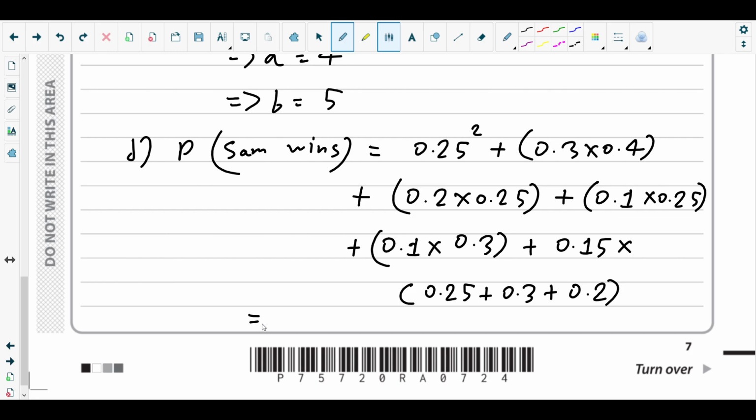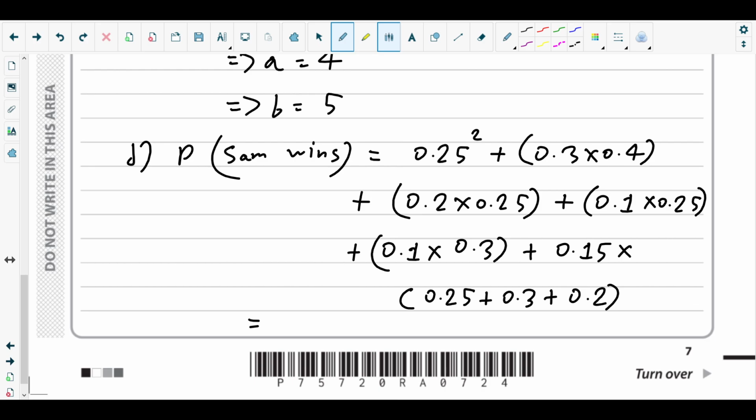So 0.15 times 0.75. That's it. So the total we got is 0.4. This is the probability of Sam winning the game.